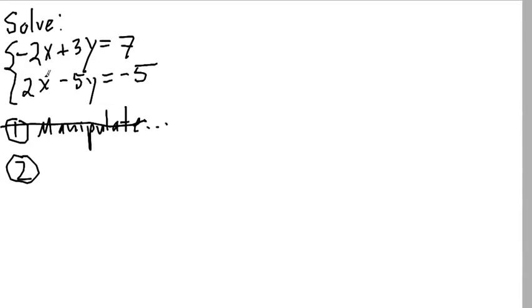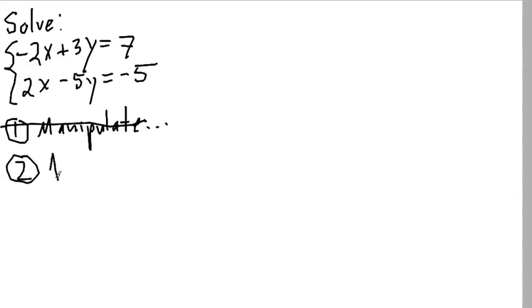The second step is we want to add the two equations together so as to get rid of one of the variables. Well, look, negative 2x and 2x, if we add these sides together, negative 2x and 2x will cancel. 3y and negative 5y will just leave something, and 7 and negative 5 will leave something.